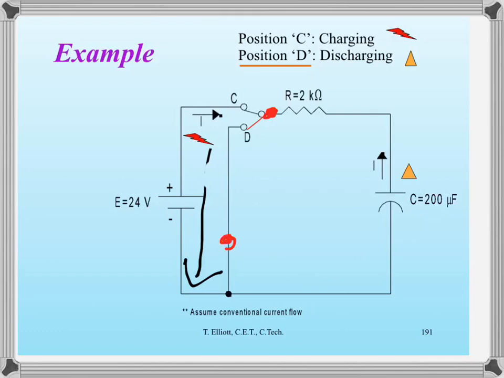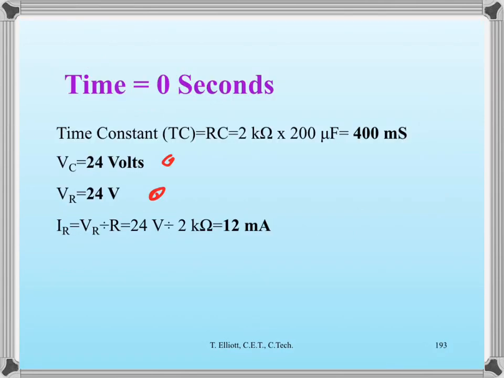It's just a wire and a switch, so electrically the same points. So are not the resistor and the capacitor in parallel? Okay, they are. So therefore the capacitor voltage VC surely must be the same as the resistor voltage VR. And that's why I'm making that statement there. The resistor current is equal to the resistor voltage divided by the resistance, so it's 12 milliamps.